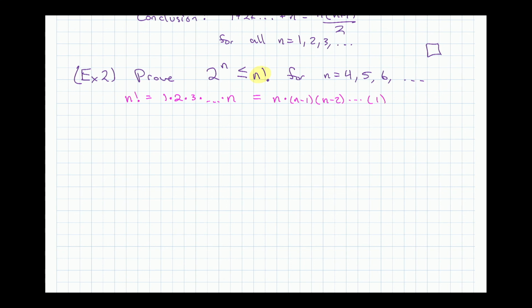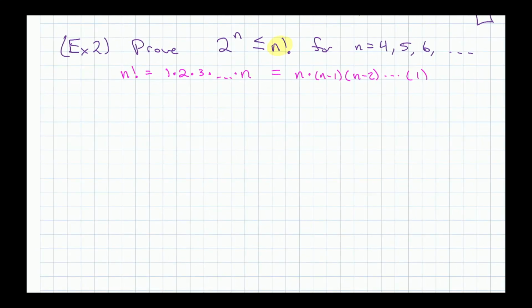And there's a property that you kind of need, I think. So one property is this. Imagine you take 5 factorial, which is 1 times 2 times 3 times 4 times 5, and then you multiply it by 6.